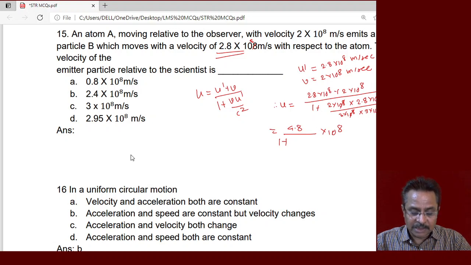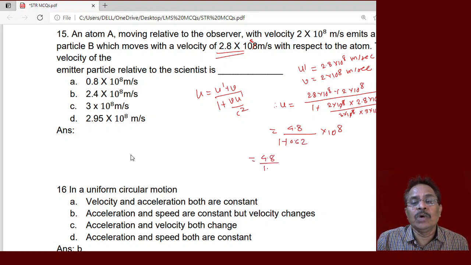Sorry, 5.6 divided by 9 comes to be 0.62. So this comes to be 0.62 additional there, and therefore 4.8 upon 1.62 into 10 raised to 8.